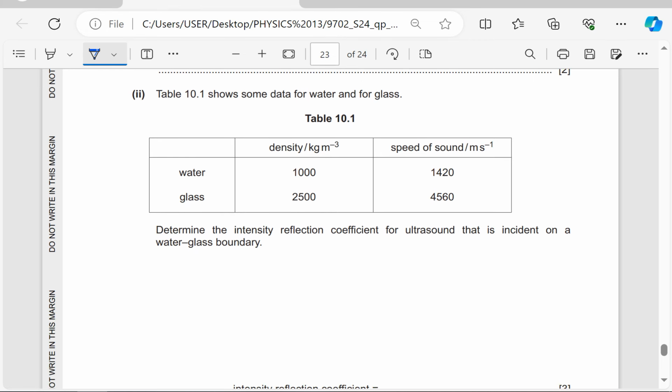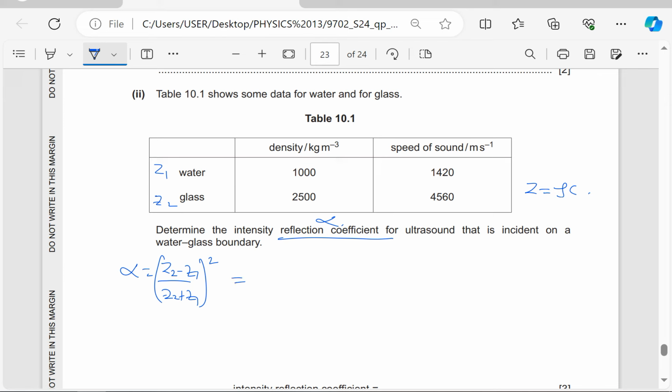Okay, determine the intensity reflection coefficient. Of course, this is alpha for ultrasound that is incident on a water glass boundary. So at the boundary, we know that alpha is equal to Z2 minus Z1 over Z2 plus Z1, and this is going to be squared. Let's say for the water is Z1, and for glass, let's say it is Z2. Remember also that Z is equal to rho times C. So just substitute.